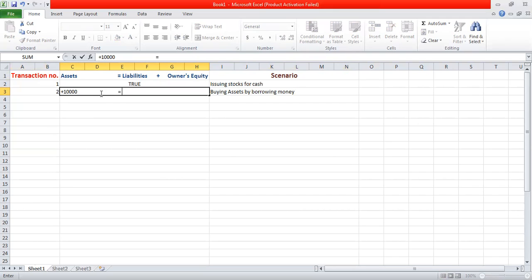There is also an increase in the liabilities, because you are borrowing money from someone, or you are taking a loan from the bank. Now you can see assets 10,000, liabilities 10,000, both sides are equal by rupees 10,000.